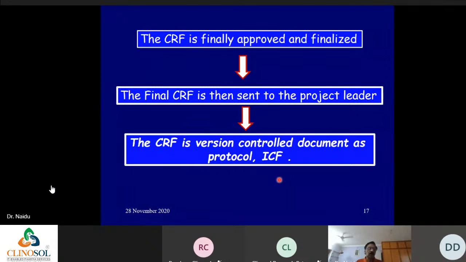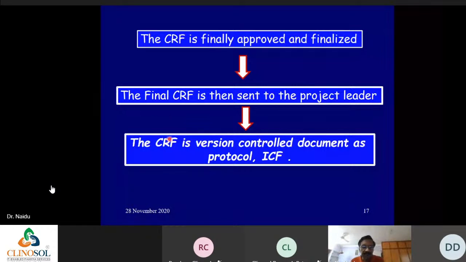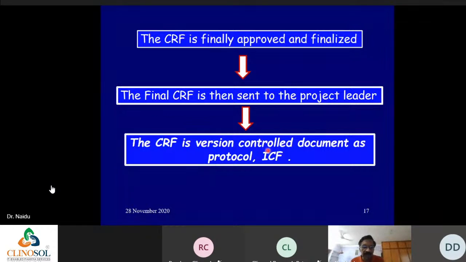Suppose protocol has version number 2, ICF has version number 2. So the final case record form should have the same version. So this is the final thing, where the case record form is very similar to the protocol and the ICF in the form of version and date.